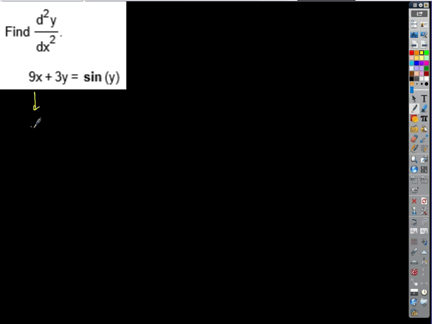The first term is just going to give me 9. Second term is going to give me 3 times y prime, good, equals, now the derivative of sine y with respect to x, chain rule, right? Derivative of sine is cosine y prime, okay?